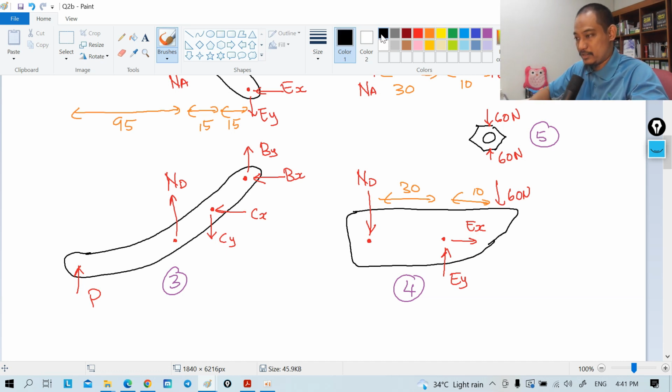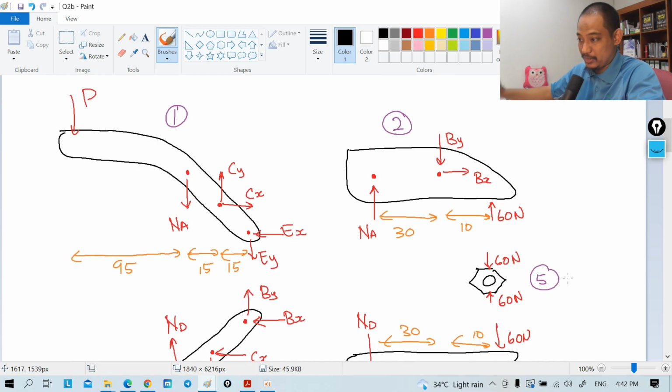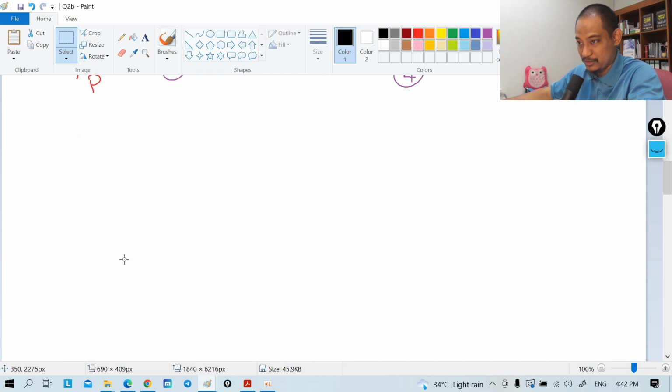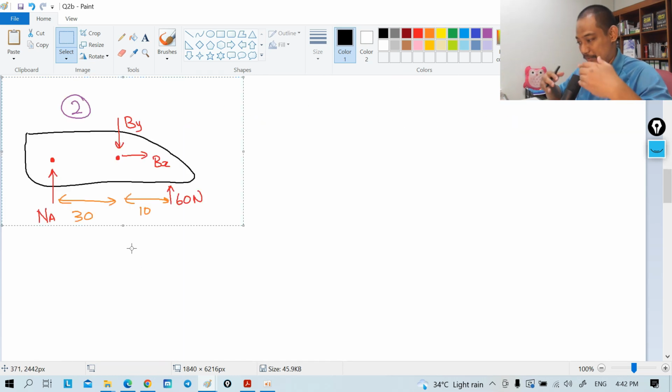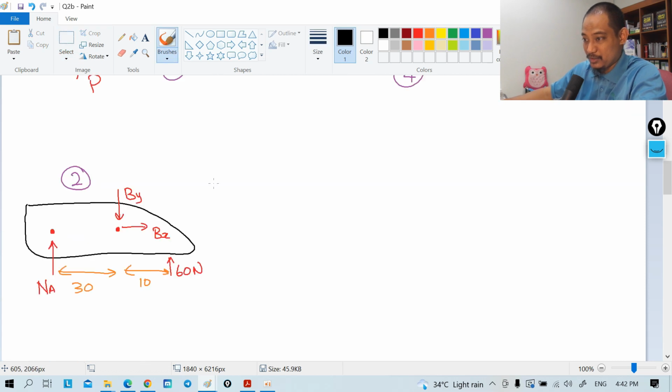So let's solve, because we need AD, ED, BD, E, right? Alright, I'm going to copy this just to make it easy for this illustration. Even though in your paper it's easy to see this one, for me scrolling up and down is confusing, so I'll just copy it there so that the calculation is close to the free body diagram.